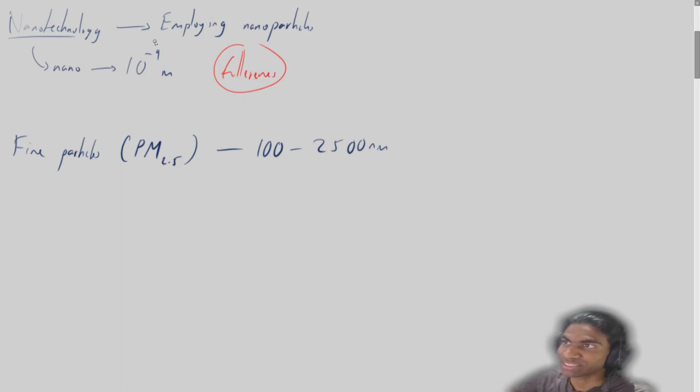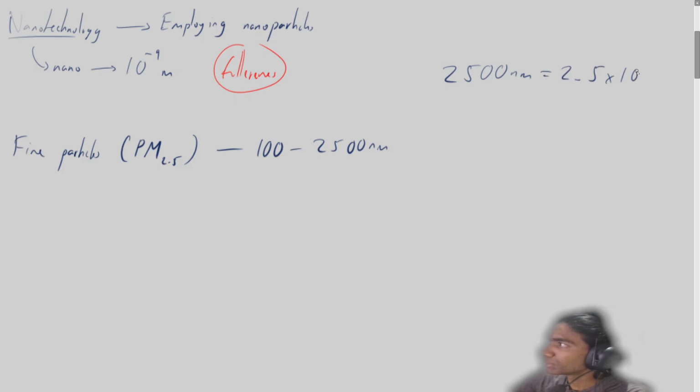Okay, so again, remember that this is 10 to the power of minus 9. So if I had to convert 2500 nanometers into meters, that would be 2.5 times 10 to the power of minus 6 meters. Okay, so these over here would be fine particles.